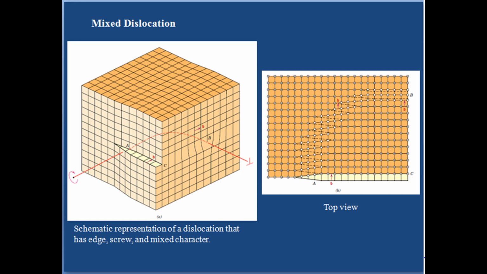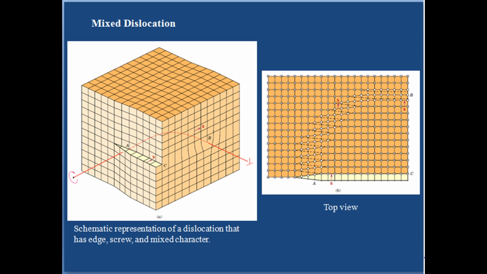Now we are going to see the Burgers vector. The magnitude and direction of the lattice distortion associated with a dislocation is expressed in terms of a Burgers vector, denoted by small letter b. Burgers vectors are indicated in figures for edge and screw dislocations respectively.